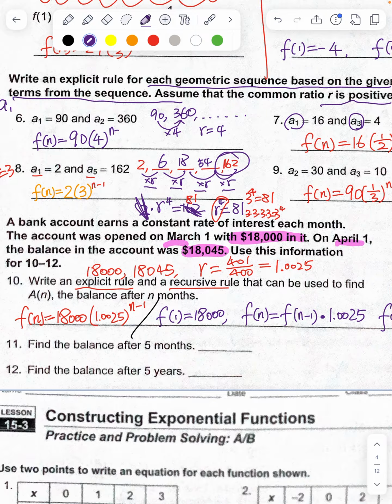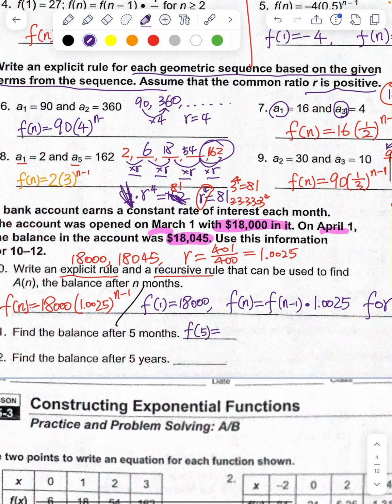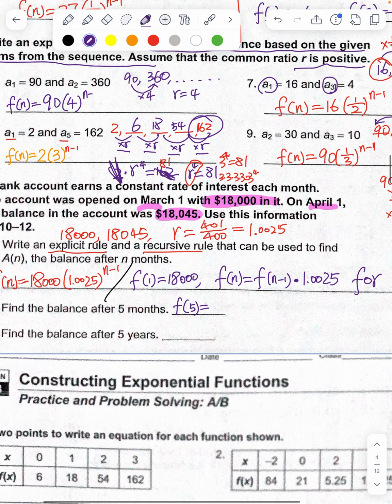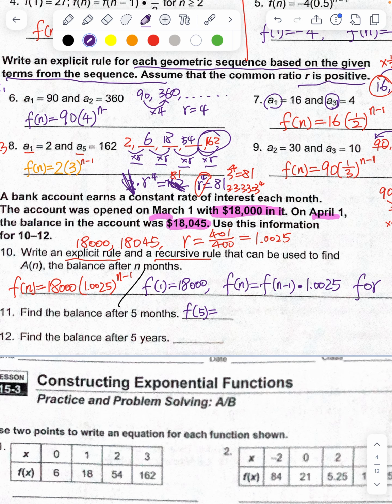Okay, after 5 months, that means the 5th. Let me think about it. Because the first month is 18,000 and 1, 2, 3, 4, 5.